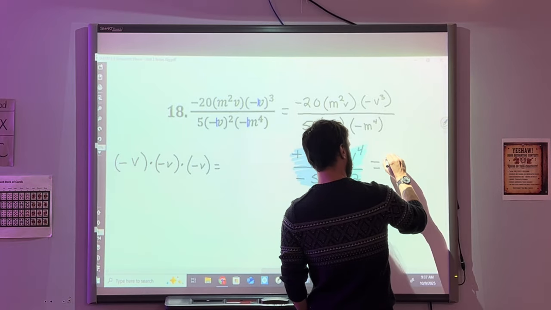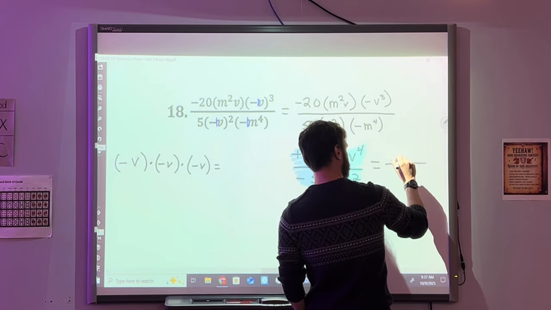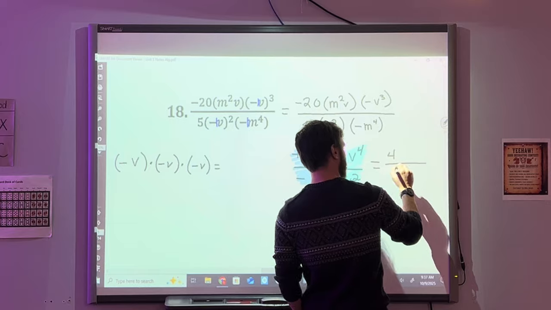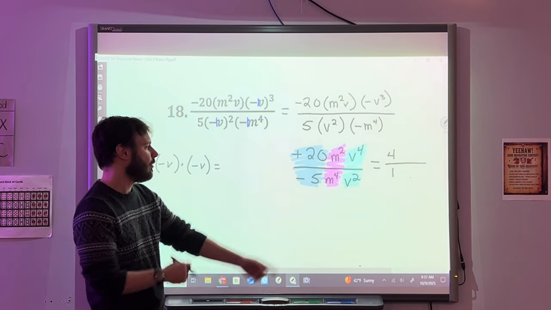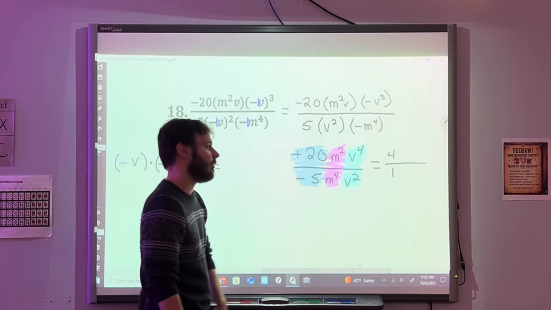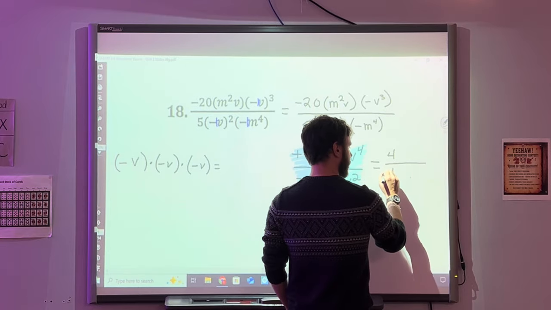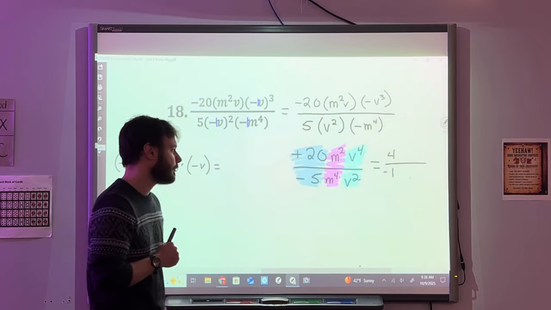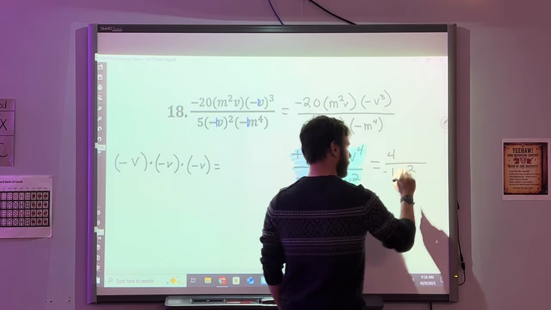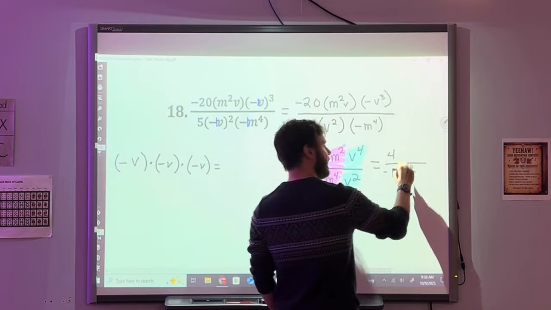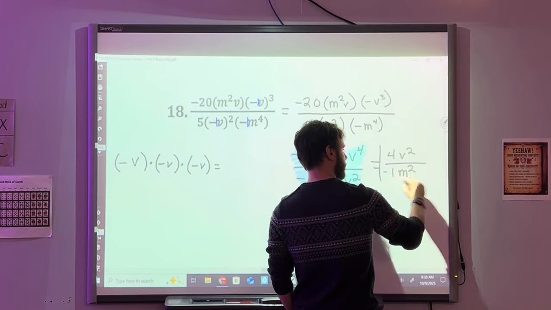It's going to be negative 4 though. And if you want, you can put that 1 in the denominator, it doesn't matter. And truly, I don't care where the negative sign goes either. It can go on the top, it can go on the bottom. Doesn't matter to me, as long as it's there. I got 2 more m's in the bottom. And I have 2 more v's in the top.